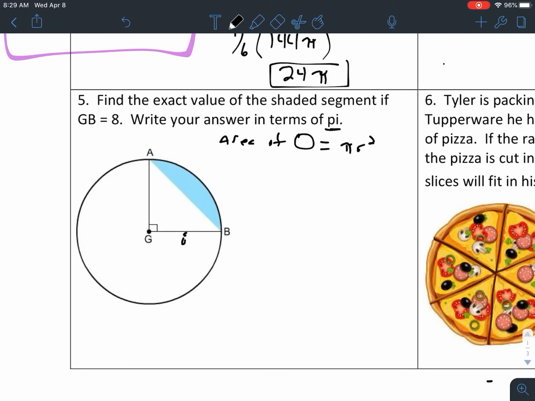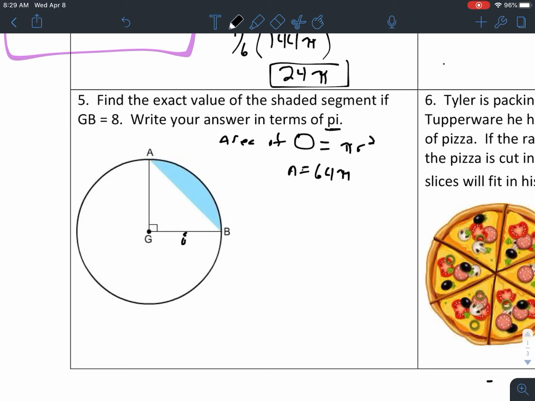Okay, so that gives us at least finding our area. So that means our area is 64 pi. And that's because 8 squared, 8 times 8 gives us 64. Okay, so we know that's the area of the entire circle.